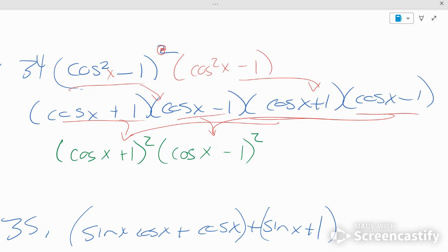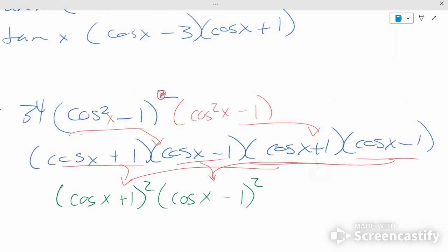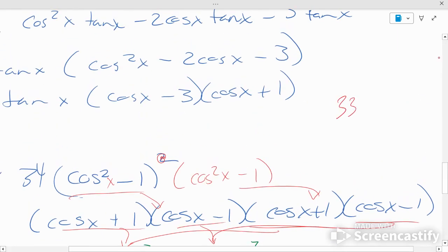What was 33 then? 33? It's wrong. That's not what I have for you. 33 was 4 secant to the fourth of x minus 1, right?